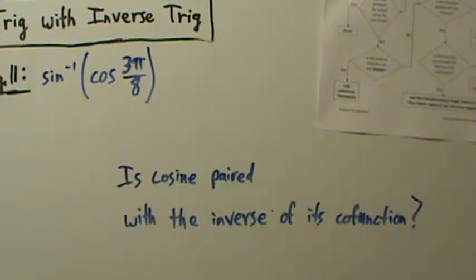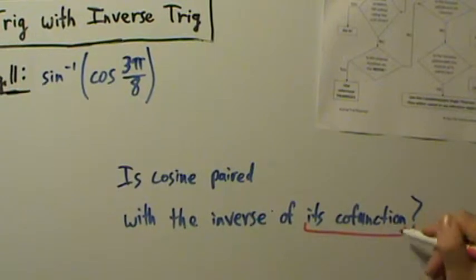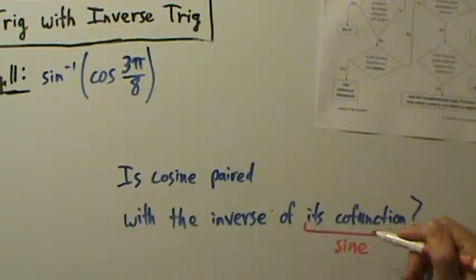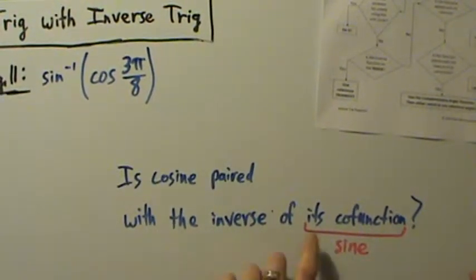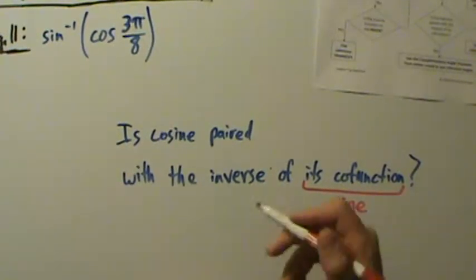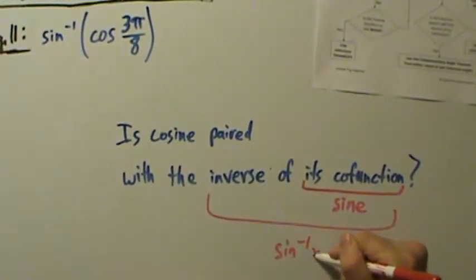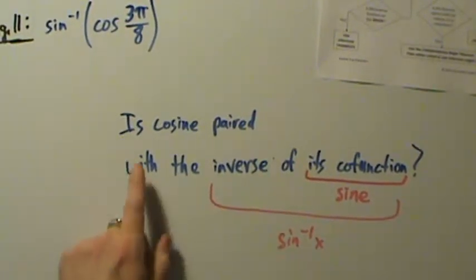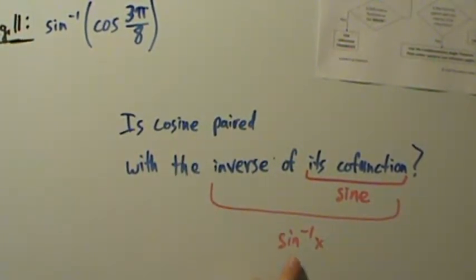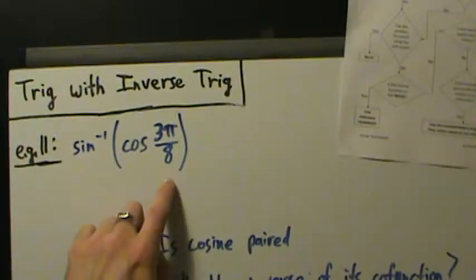Remember that term cofunction? What's the cofunction for cosine? The cofunction for cosine is sine. So when we say inverse of its cofunction, what we mean is the inverse of sine. What's the inverse of sine? Well, it's sine inverse, right? Is cosine paired with sine inverse? Yes, cosine is paired with sine inverse.